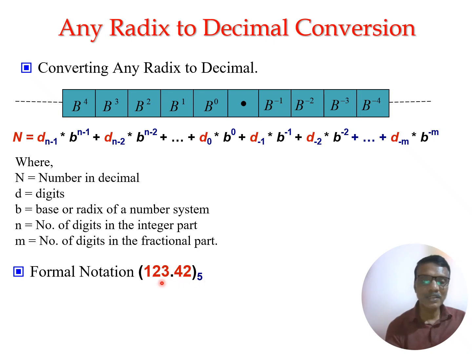It contains only the values 0 to 4, that is 0, 1, 2, 3, 4. So totally 5 numbers. That's why it's called base 5. Likewise, base 7 means 0 to 6, and base 9 means 0 to 8.